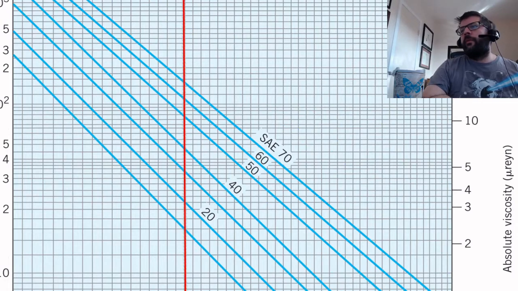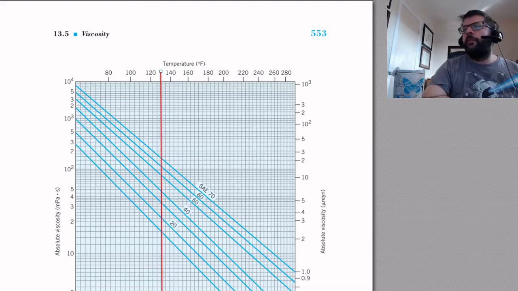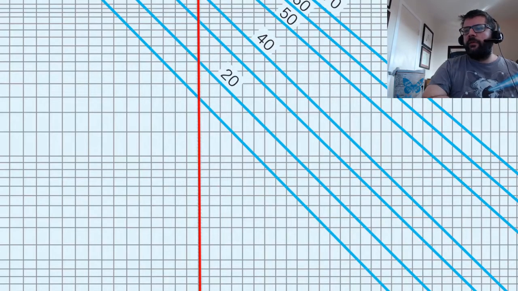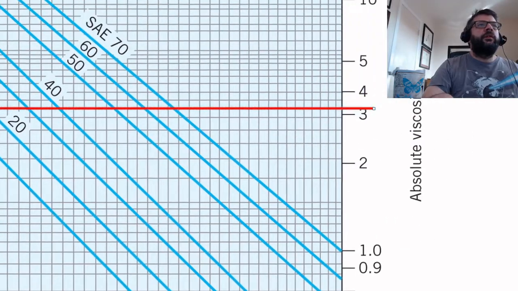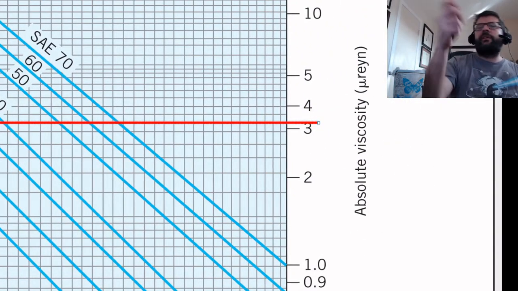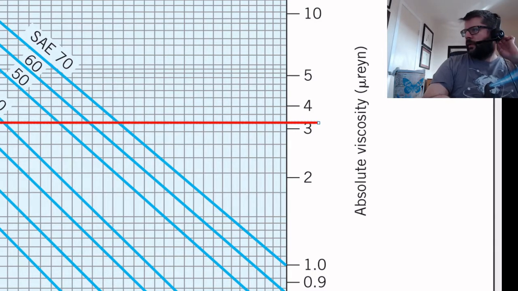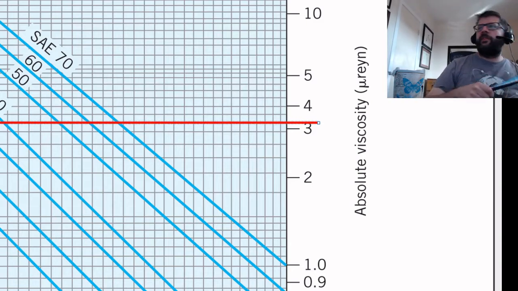And then we're operating on SAE 20, the second line from the bottom, and we just need to figure out its viscosity where that line intersects. Intersecting right there. Keeping in mind that this is a log graph, that'll probably be about 3.1, maybe 3.2. Let's go for 3.2 microreyn.